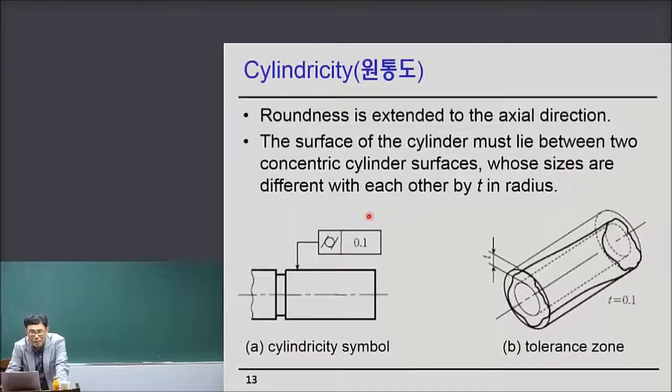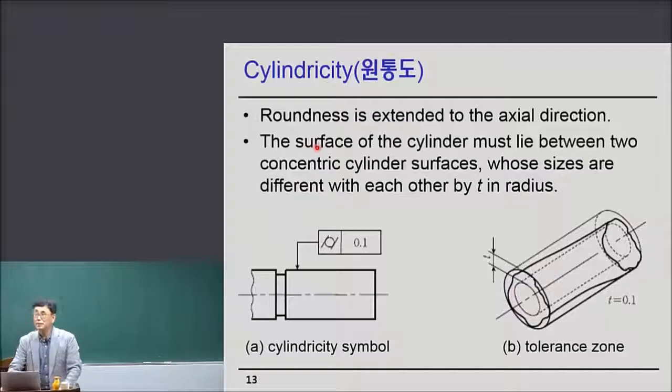Cylindricity: roundness is extended to the axial direction. Roundness is a true circle. If it is extended to the axis direction, then it is a cylindricity. So this is the extension of the roundness.